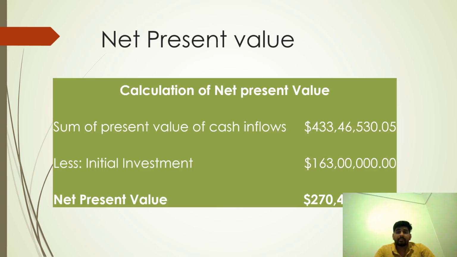Next one is net present value. This is the excess of the net present value over the amount invested in the project. The net present value uses the time value of money to calculate the sum of the present value of cash flows. This cash flow is discounted to the present value to calculate the net present value of the project.